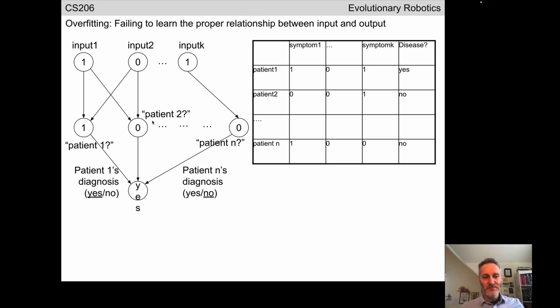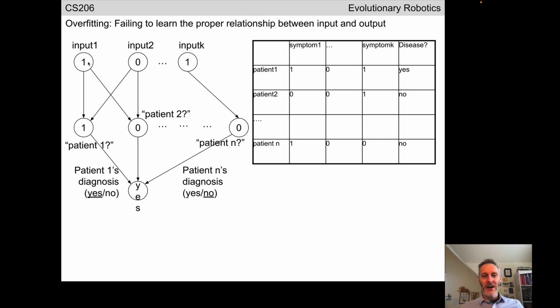How does this work? Well, it could be that hidden neuron 1 only lights up when there's the particular subset of symptoms that patient 1 registered. And the weight coming out of that neuron is set to whether or not that patient had the disease or not.